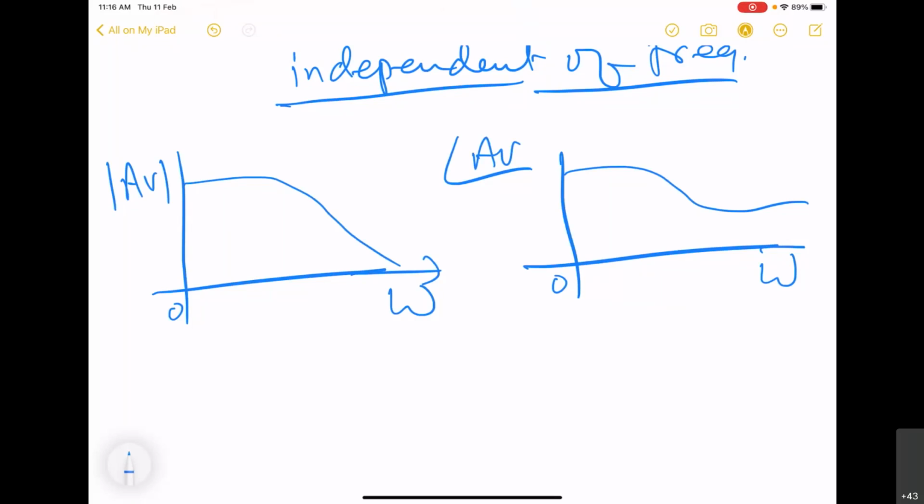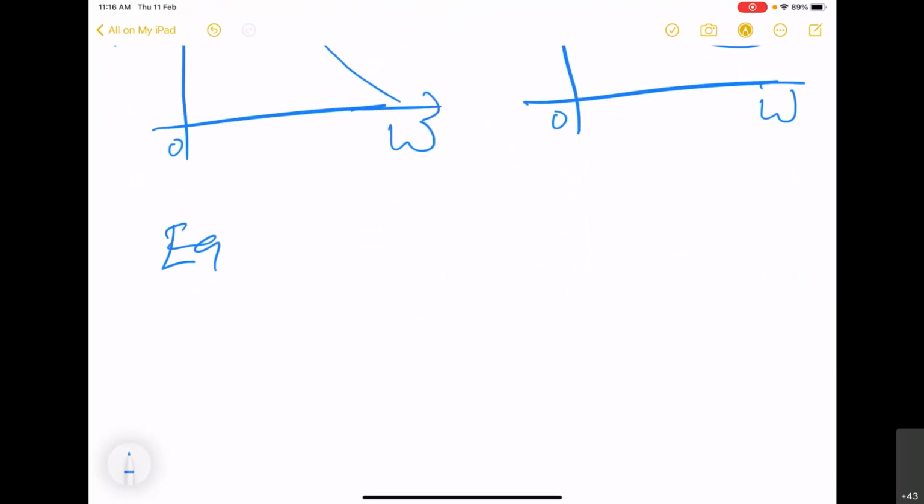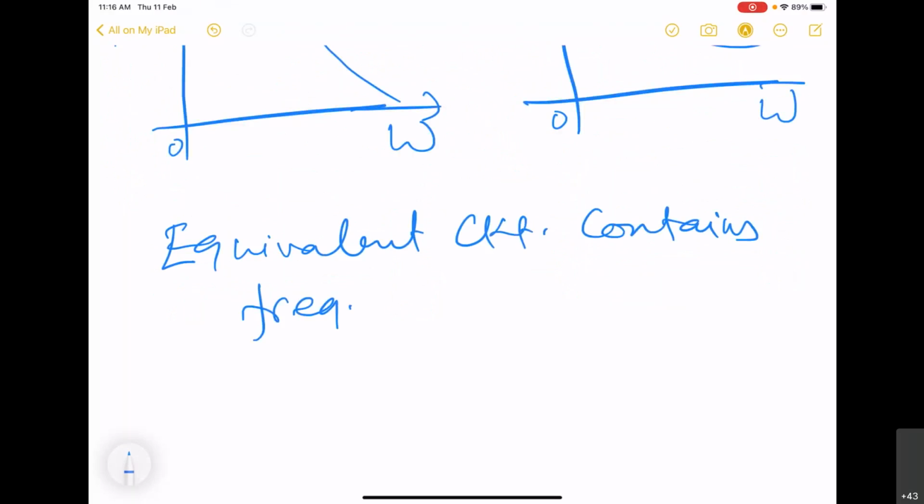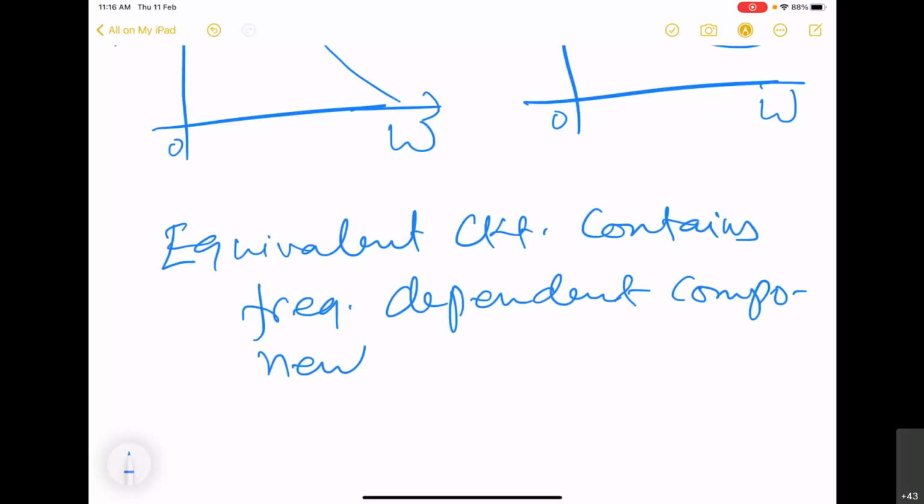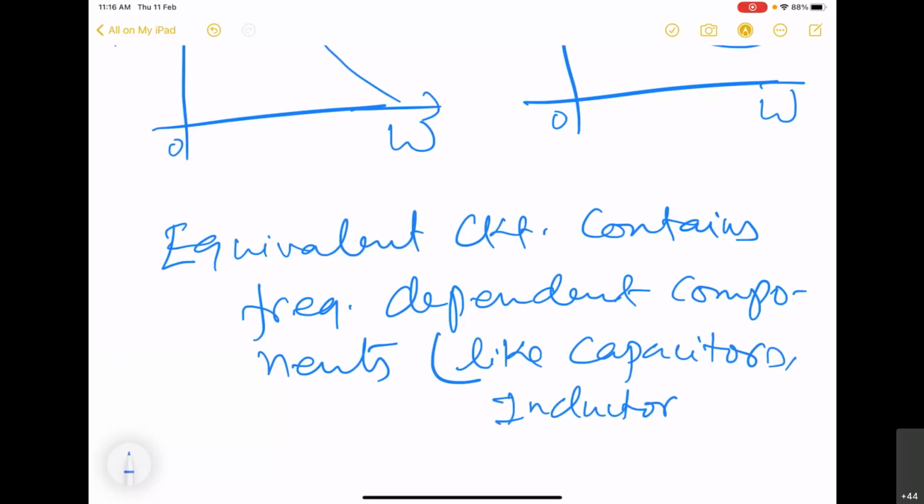So answer is that the equivalent circuit contains frequency dependent components like capacitors or inductors.